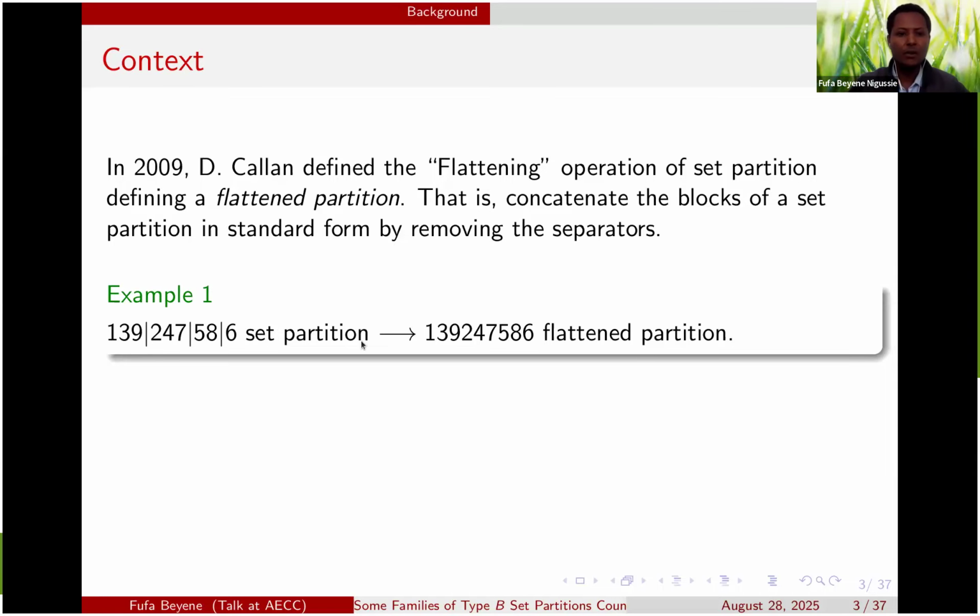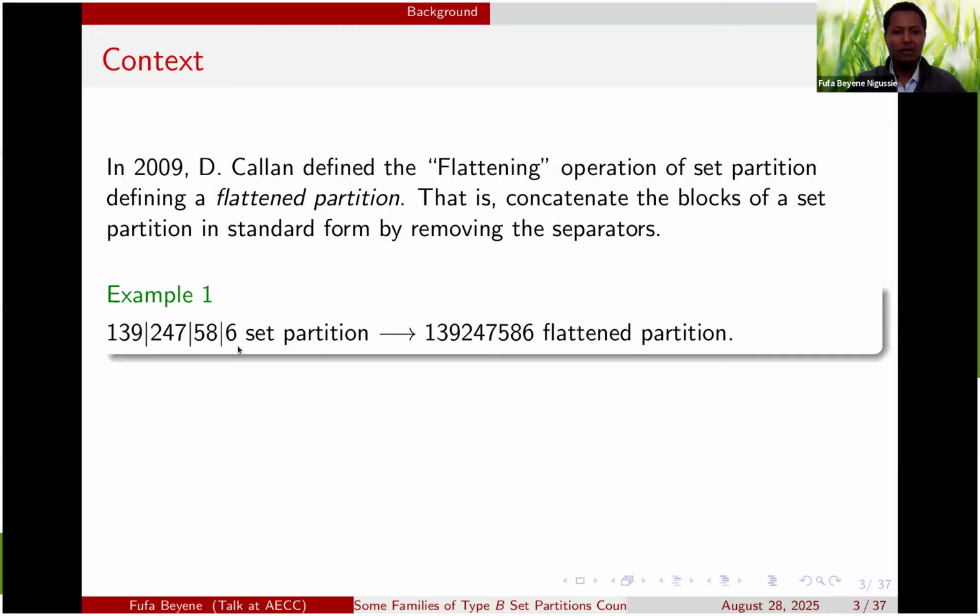What does this mean? If you have this kind of set partition, partitioned into 4 blocks here, which are disjoint subsets of the set of the first 9 positive integers.